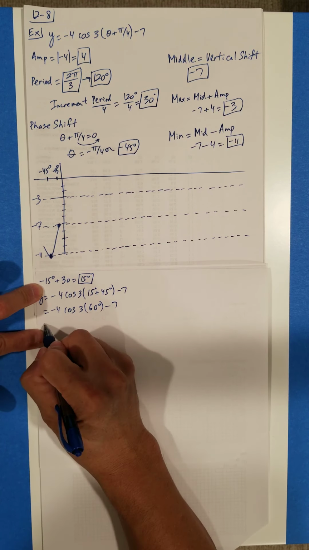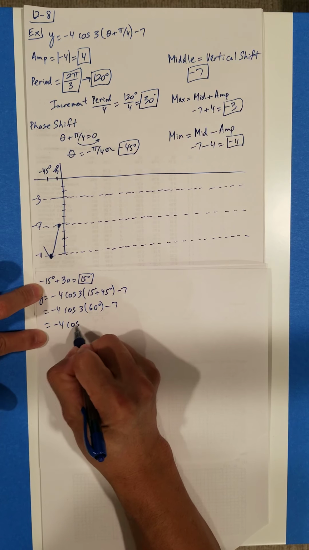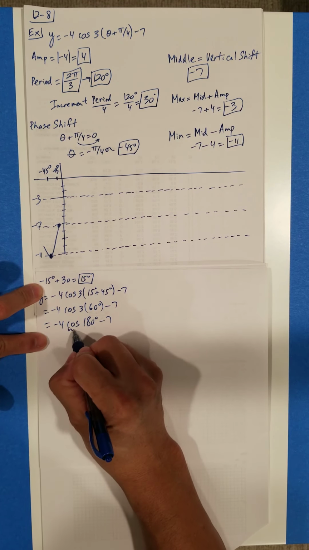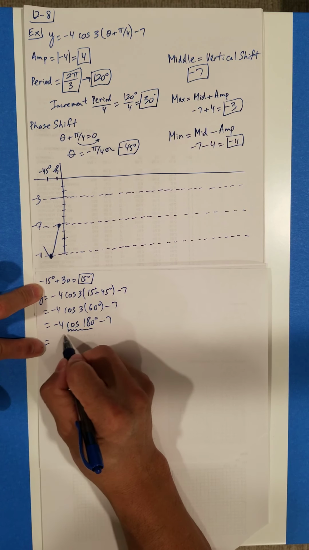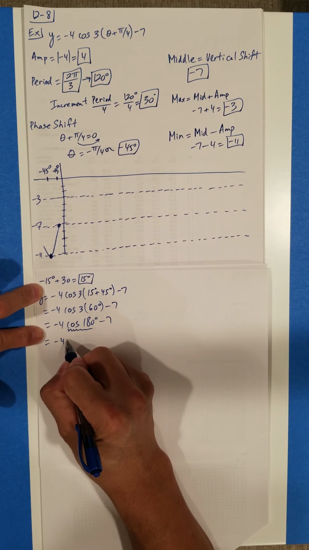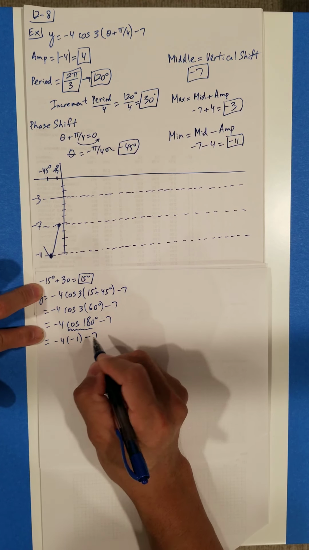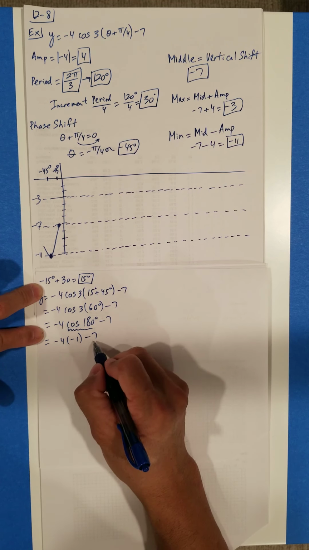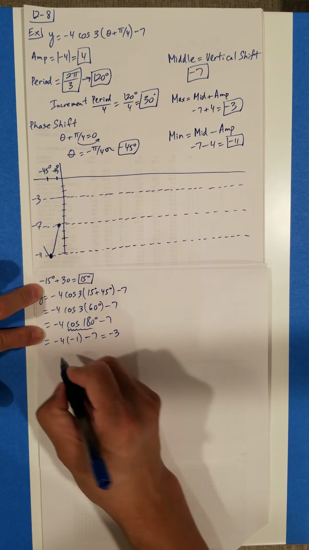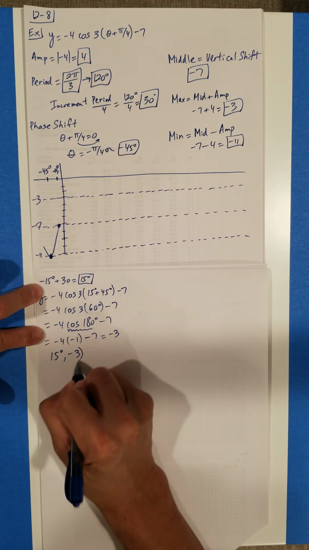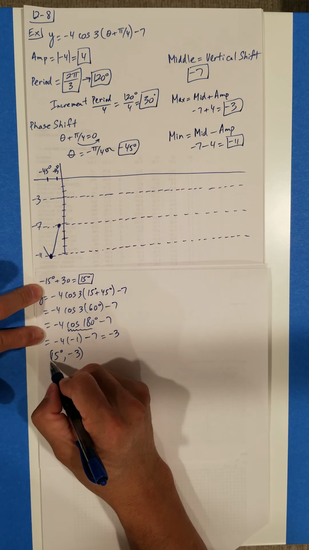Negative 4 cosine 3 times 60, 180 degrees minus 7. Now remember, you have to know cosine 180 degrees. Cosine 180 degrees is negative 1. Negative 4 times negative 1 minus 7 is negative 3. So I used 15 degrees, and I got a height of negative 3. That's my point: 15 degrees, negative 3.